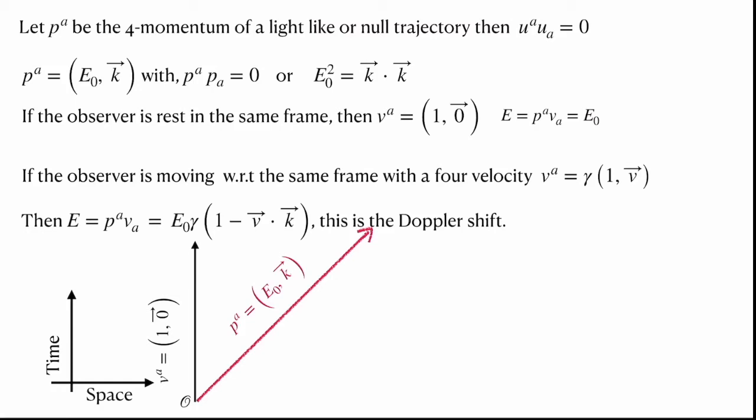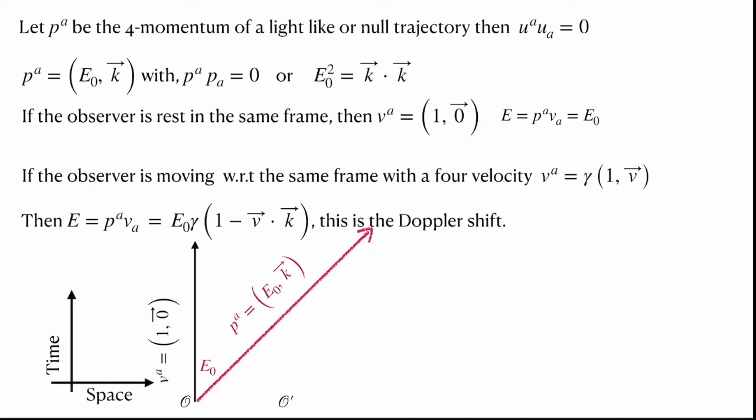If it is smaller than 45 degrees with respect to the time axis, then it would be time-like. If the angle is more than 45 degrees, then it would be space-like. But we are considering the propagation of light as emitted at the point O. Now let's say the energy observed by this observer O for this light ray is given by E naught. That is what we have here.